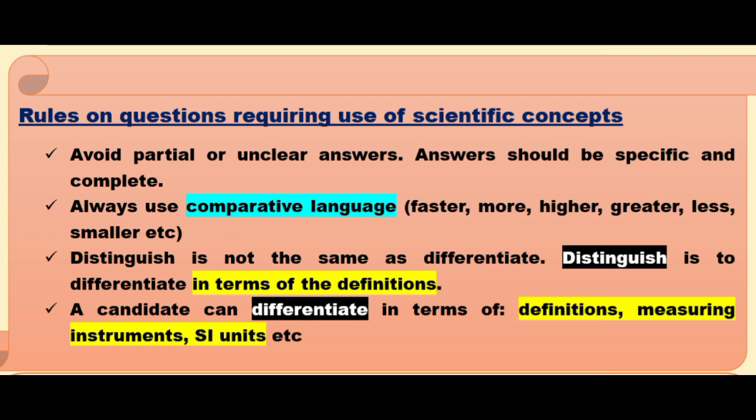For example, what has more adhesive force than cohesive force, while mercury has more cohesive force than adhesive force? You realize that that is a statement with the element of comparison.